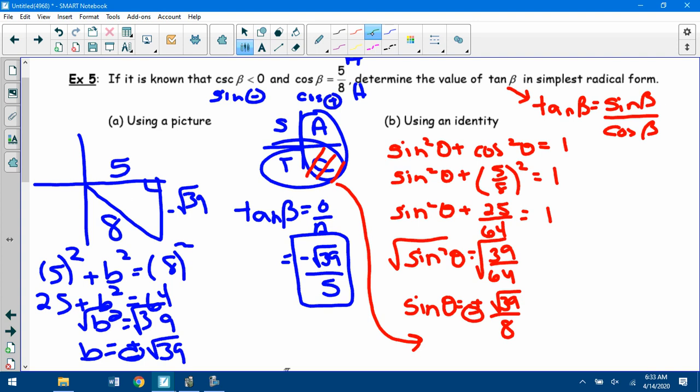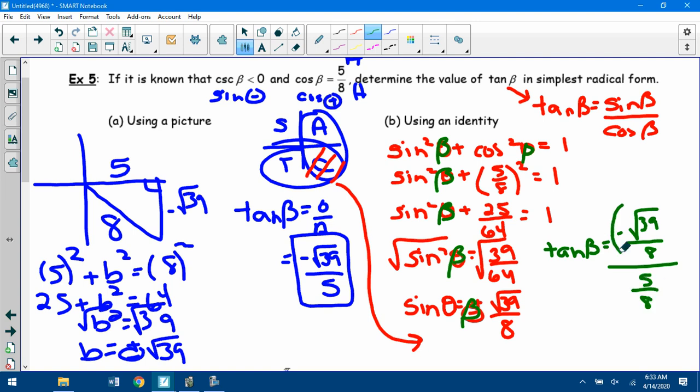So after all that, now I know that tangent of beta, which is what I want to find, is sine. And I used thetas here, but I guess technically these should have all been betas, no big deal. Tangent of beta is sine of beta, which is negative radical 39/8, over cosine of beta, which was 5/8. Complex fraction, but if you multiply top and bottom by 8, we get negative radical 39/5.